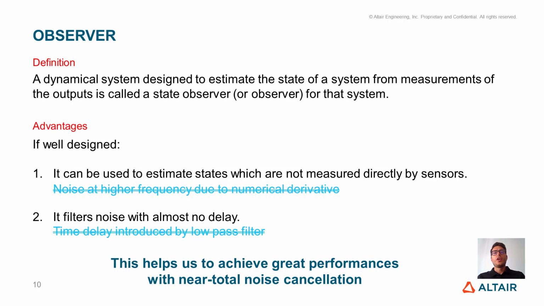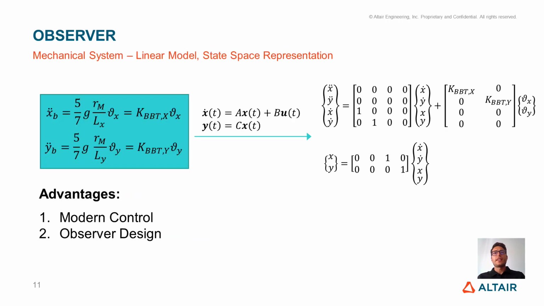In this video, we will talk about linear observers, but in general also non-linear ones exist. As we have already stated in this playlist, the linear model of the plant in the state space representation can be used to design our observer. And to be all aligned with terminology, we will refer to the x-vector as the state or the internal state of a system, and to the y-vector as the measurement or external outputs.